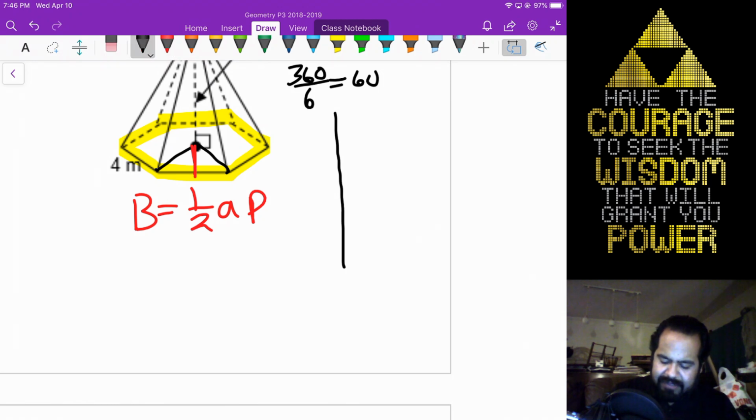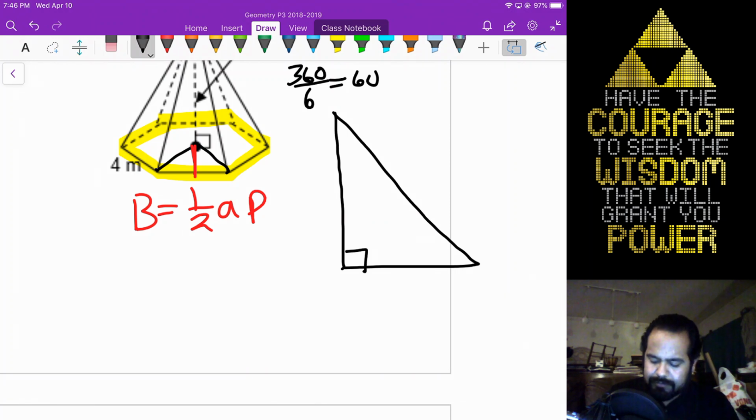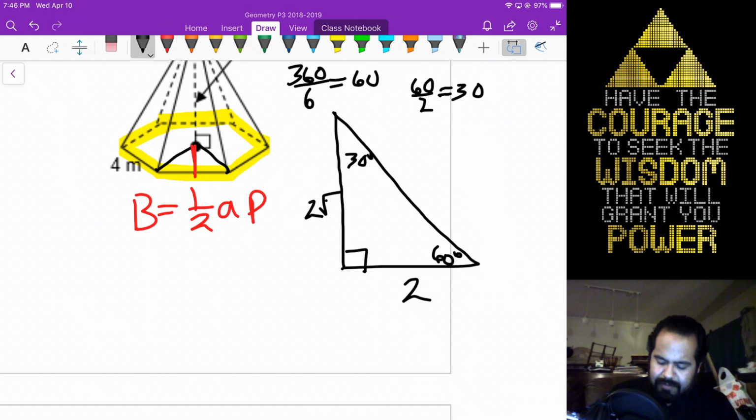So that's going to give us 30 degrees up here and then 60 down here. The 4 that was down there gets cut in half, so it becomes a 2. So 2 rad 3, there's my apothem.